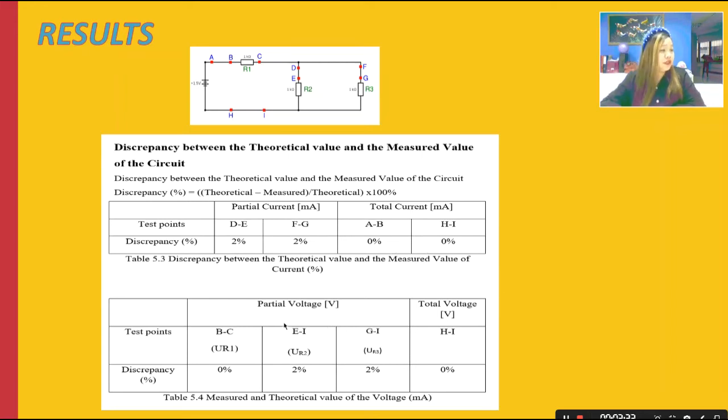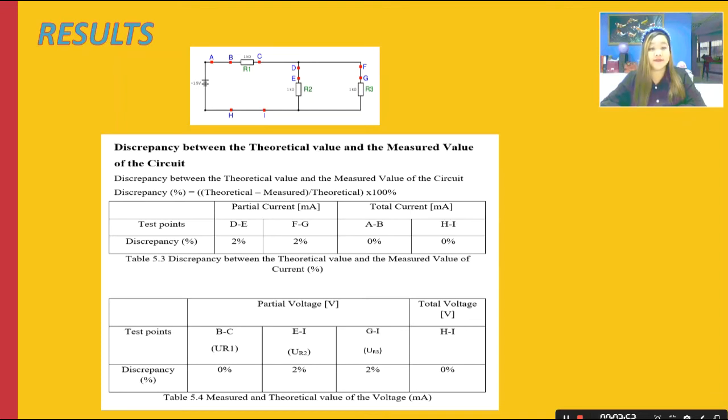And for the partial voltage for our resistors, R1 is the same, so 0% discrepancy, but for R2 and R3 it is 2%. And the total voltage, of course, is 0% because we have used that to calculate our theoretical value. Okay, so that's our results.